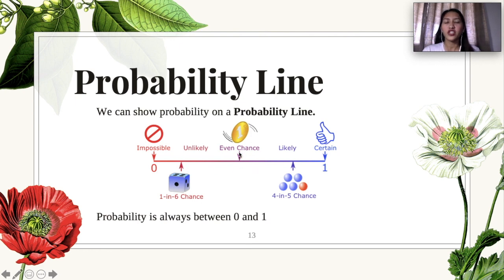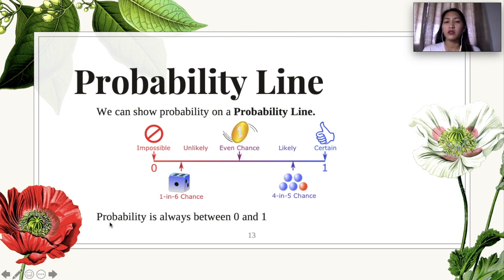If you have an even chance, which is tossing a coin, then you have two things that are likely to happen. Now, if an event is a 4 in 5 chance, then you are here. We have already discussed the marbles.